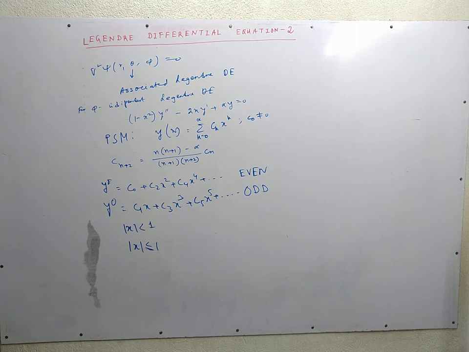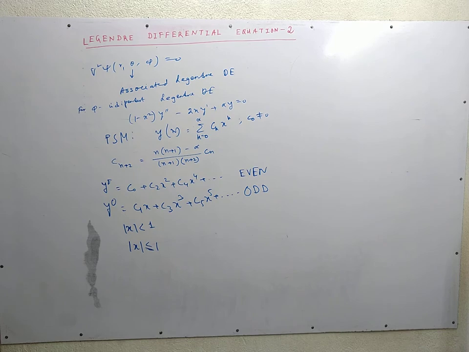But in most physical systems, the z-axis is included within the system, and if we want a finite solution, we must find a way out of this, so that the solution will be a finite one even on the z-axis.